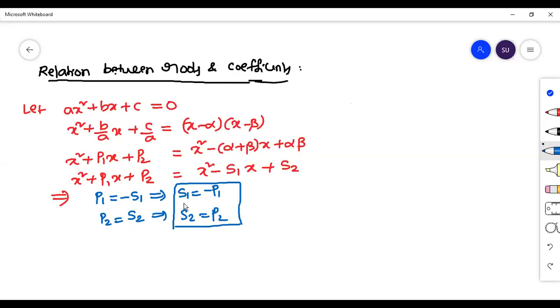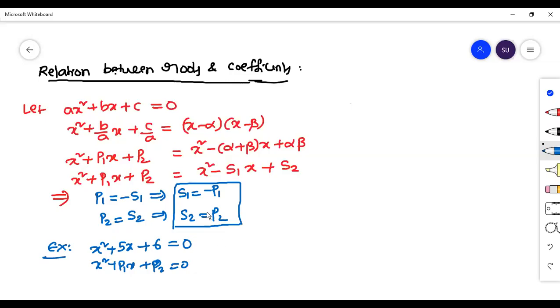So here S1 is nothing but alpha plus beta. For example, x square plus 5x plus 6 is equal to 0. Compare with x square plus p1 x plus p2 is equal to 0. So what is S1 here?